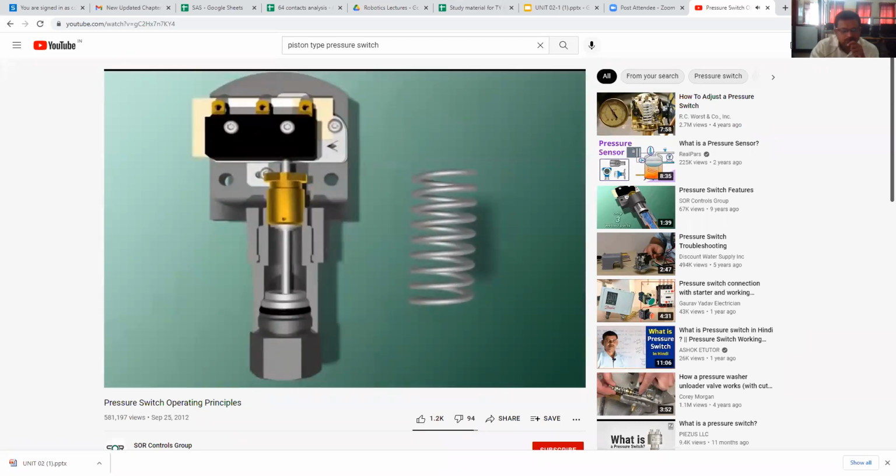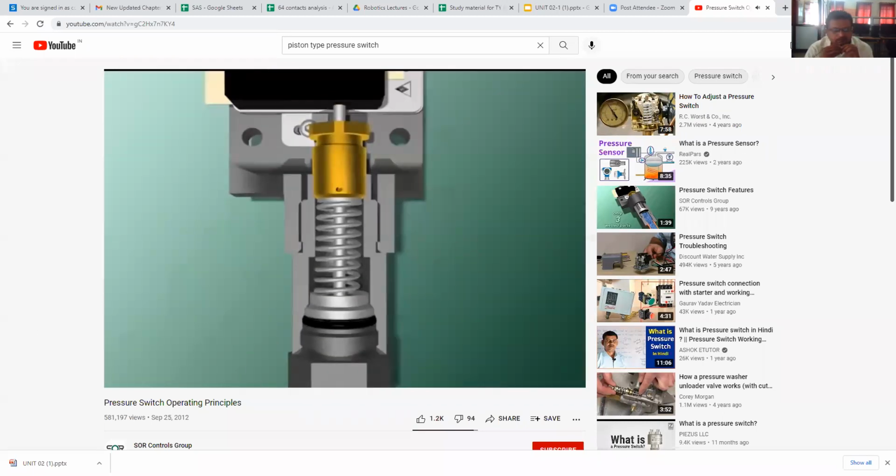Add a spring, so the piston can return to its original position when the pressure drops, and you have a mechanical pressure switch. Pretty simple. However, while early pressure switches were sound in principle, they didn't perform well because of some inherent problems. First of all, because the piston must travel a long distance, it subjects the sealing ring and the switch to considerable wear and leakage.